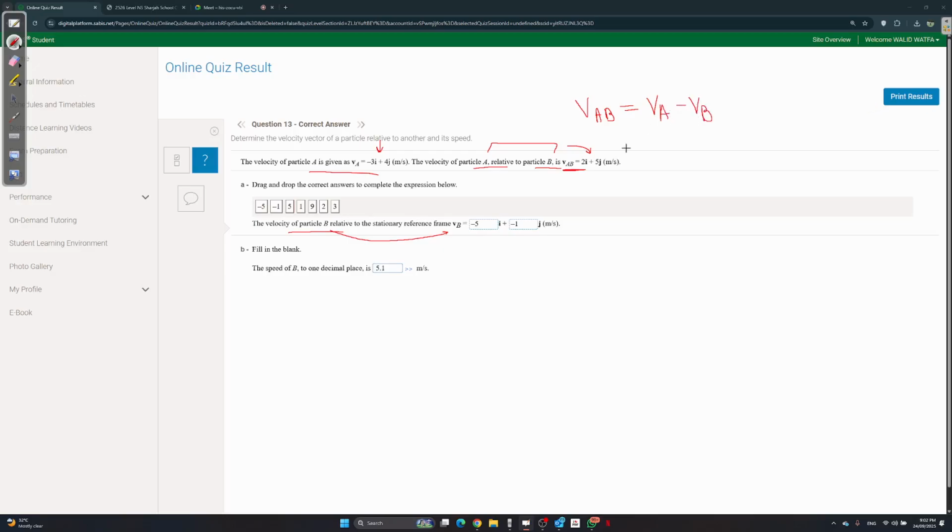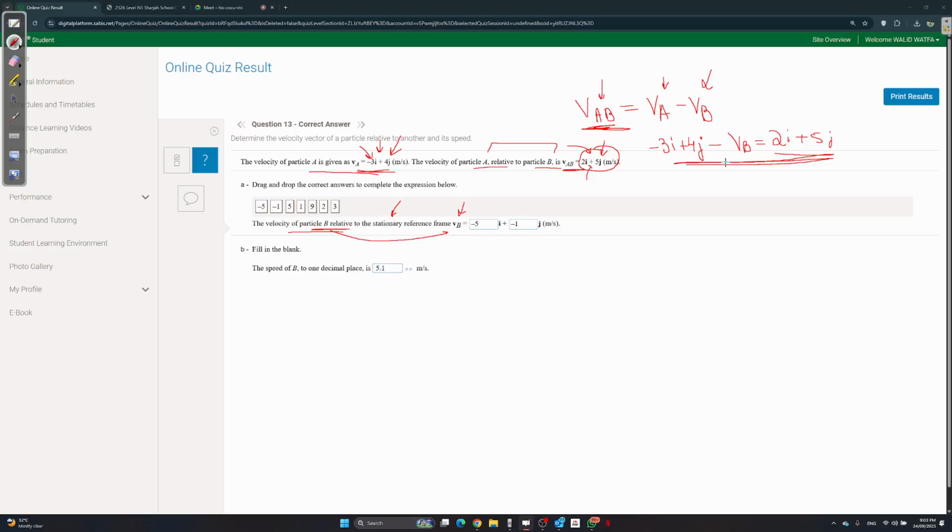minus VB. What's VA? Negative 3i plus 4j minus VB equals VAB, which is what? One more time, VA minus VB, so VA, which is this, minus VB, which we're trying to find, equals VAB, 2i plus 5j.